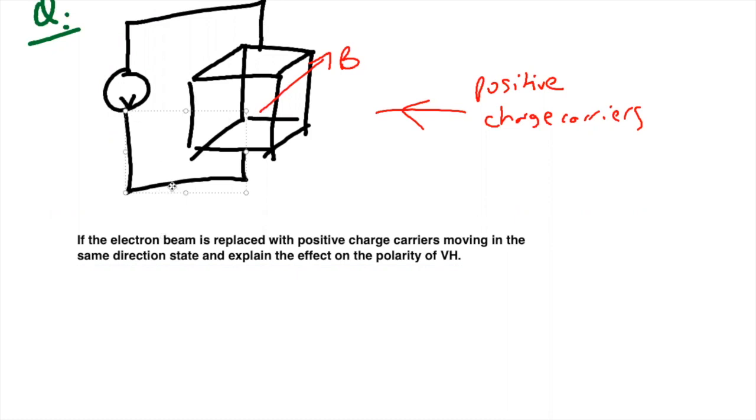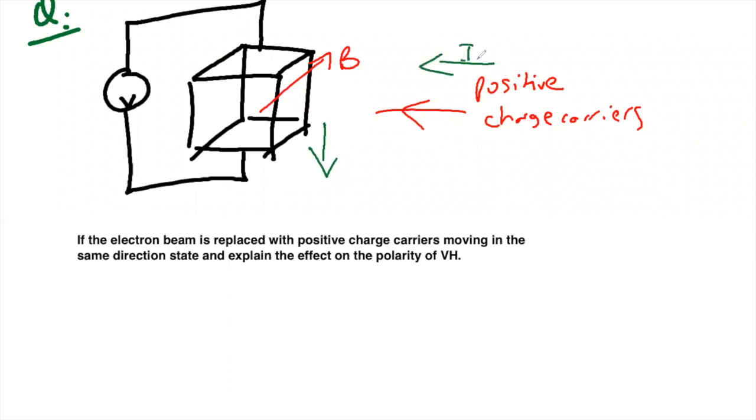The answer is there literally is going to be no effect. Why? Well, the force is downwards. Using Fleming's left-hand rule, these are positive charge carriers, meaning the force is going to be downwards.